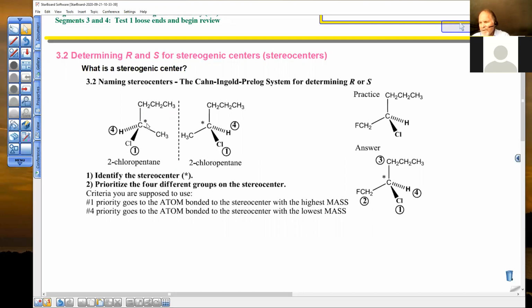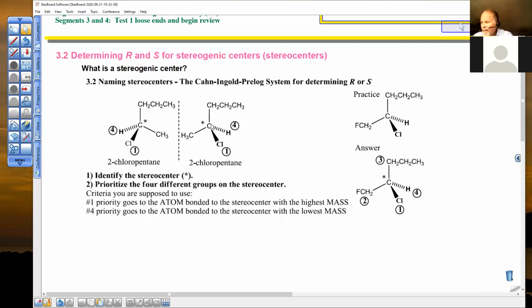What makes them so is they have 4 different substituents on them. So there's a lot of carbons here, but only this carbon in this molecule and this carbon in this molecule are stereocenters. Here are the 4 groups. We have a hydrogen, a chlorine, a methyl, and a propyl. They have different names. They're different groups.